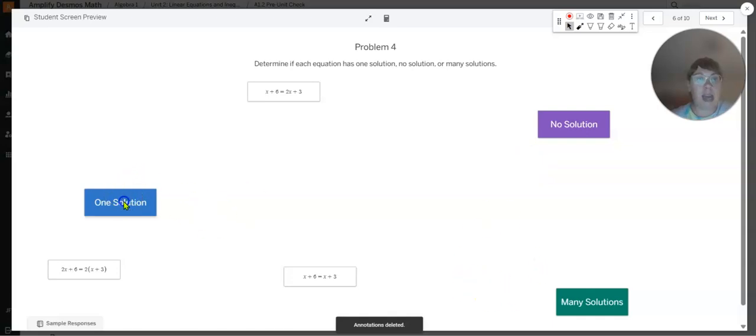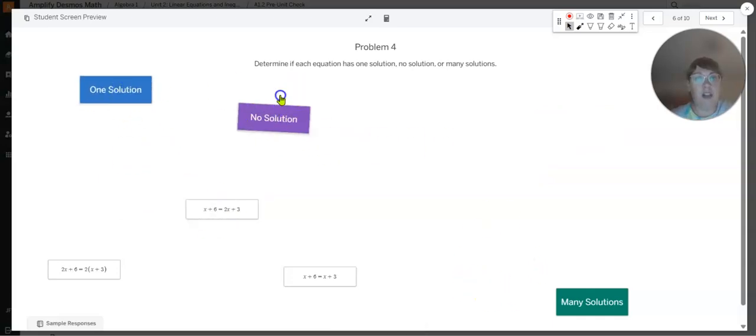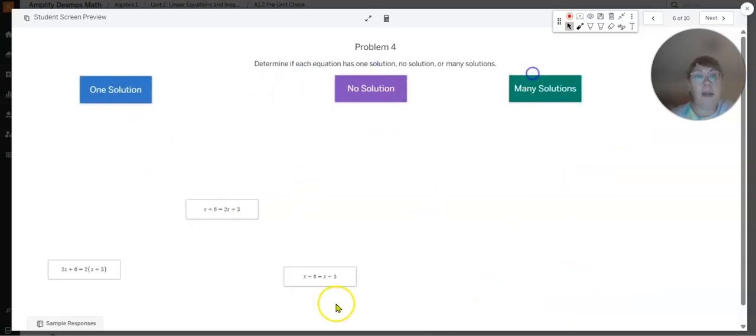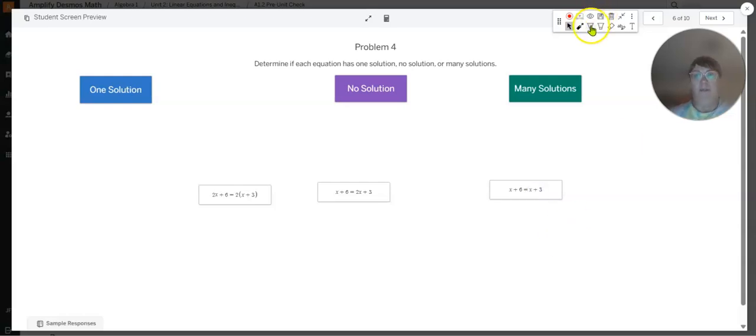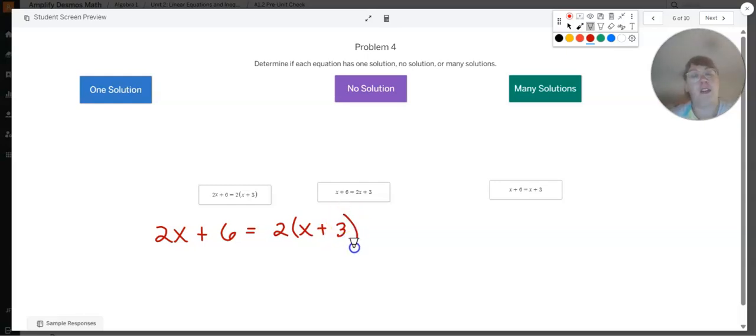On slide 6, we have one solution, no solutions, or many solutions. So with these options, with this one over on the left, 2x plus 6 equals 2 times x plus 3.